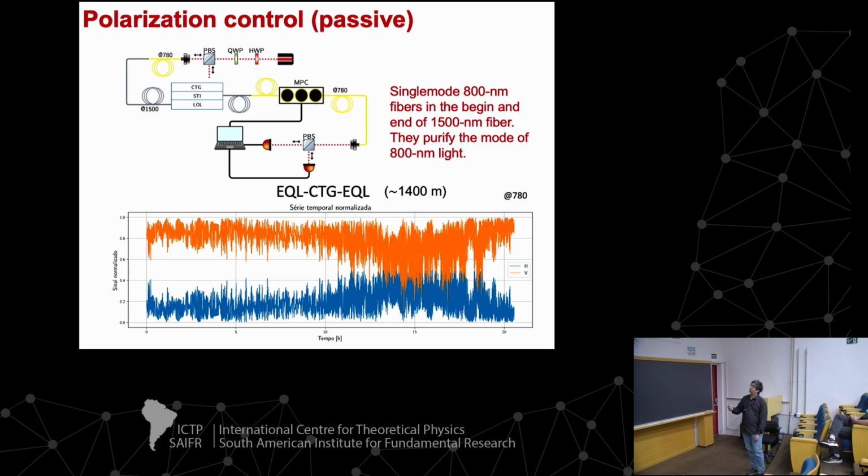So this is exactly this protocol with a path length inside the network of around 1.4 kilometers. And then we set up this polarization to be close to vertical here in orange, and then we measure the two outputs. And this horizontal scale is 20 hours, okay? And so you see that this is passive, so there is no active stabilization of polarization.